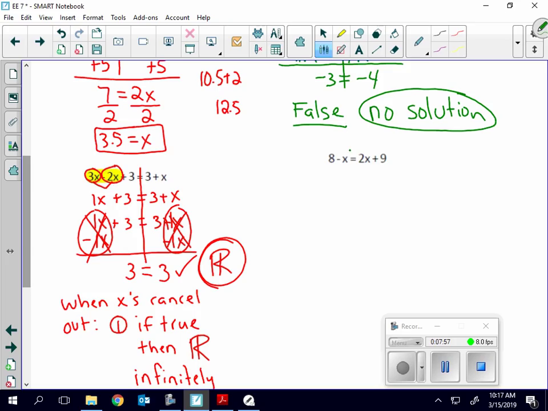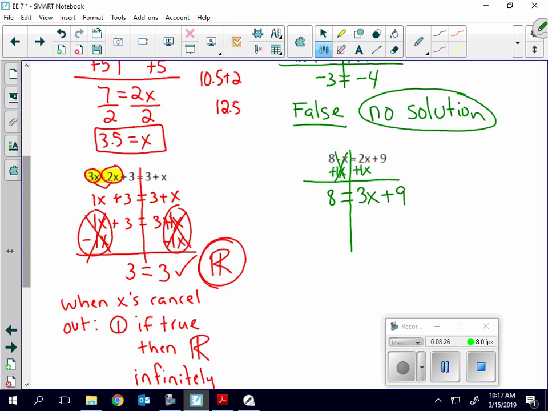All right. Last one for number 2. We still have x's on both sides. Let's go ahead and add this 1x to get rid of it on the left. And of course, if I do that, I have to add it to the right as well to keep it the same. So that cancels out the x's, leaving me with just an 8, equaling 2x plus 1x is 3x plus 9.